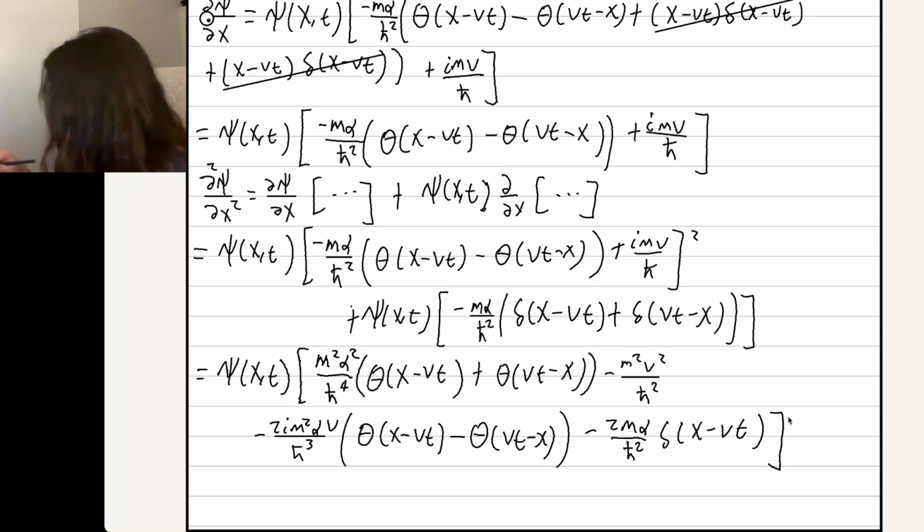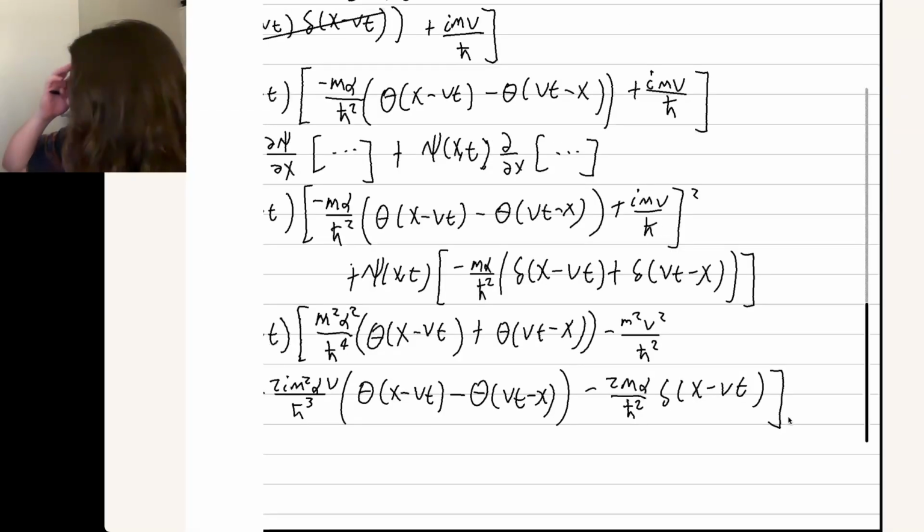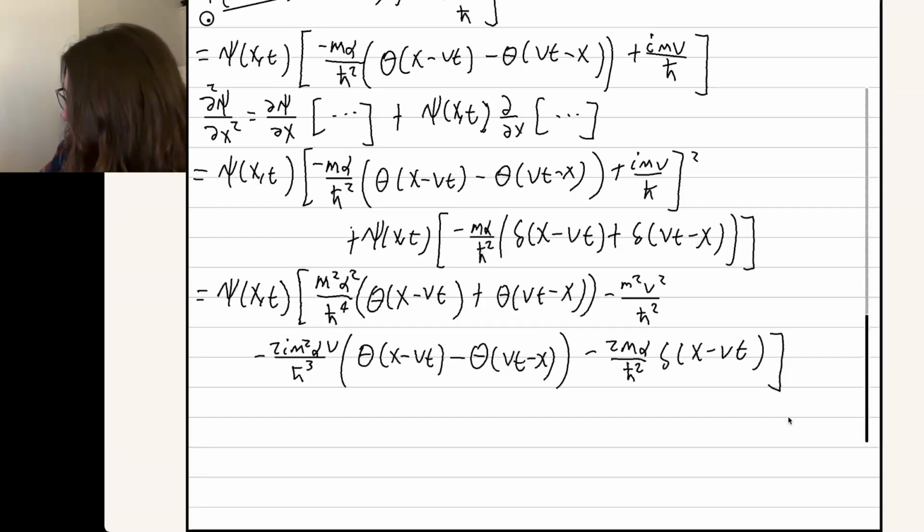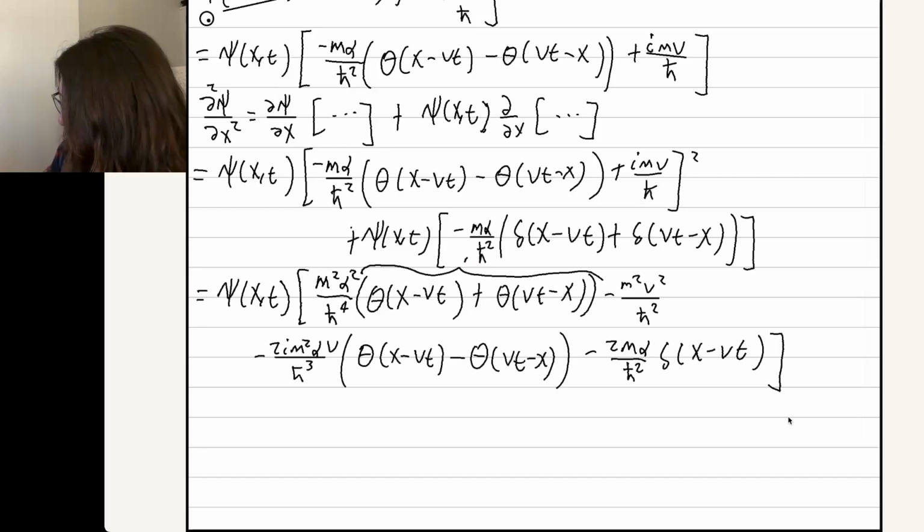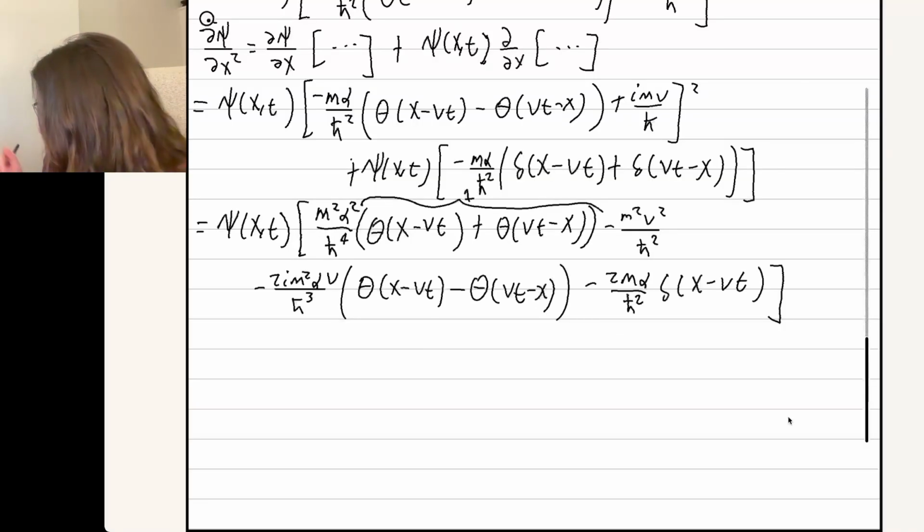All right. Also, this quantity right here is 1, because this one is 1 when x minus vt is positive, and this is 1 when x minus vt is negative, so it's always 1. So that simplifies as well, but I'm not going to write it just yet.